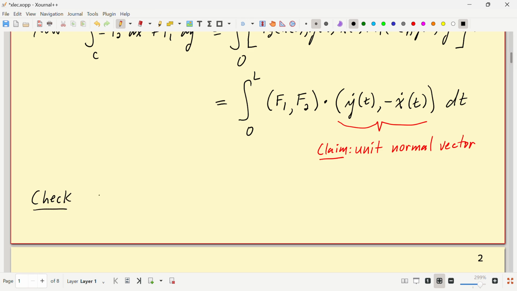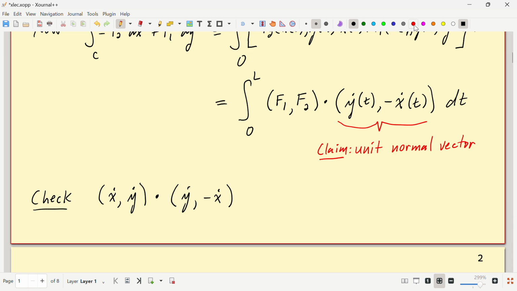The tangent vector T, remember, was x dot, y dot. I dot it with this new vector, y dot, minus x dot.